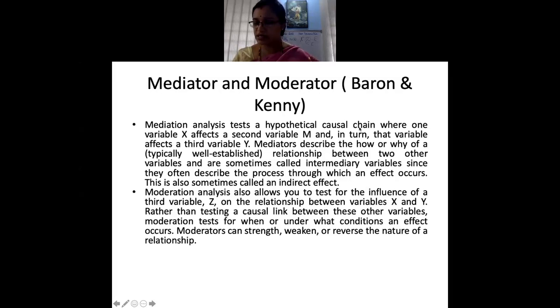Now let us say, for example, you are having SEM. You get good indices and bad indices. The good indices might be measured in terms of, I don't know, CFI, GFI, TLI.